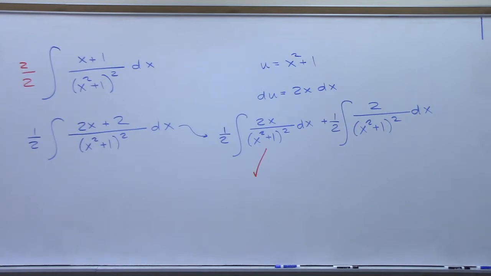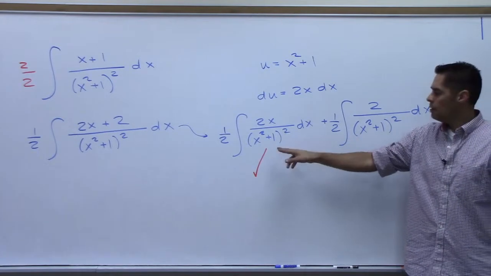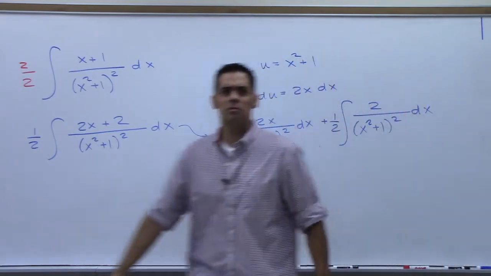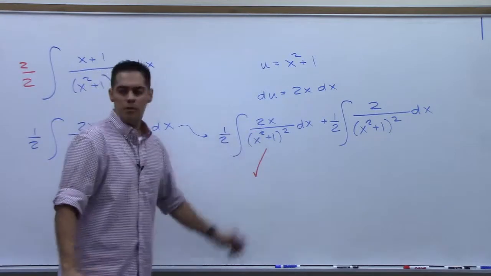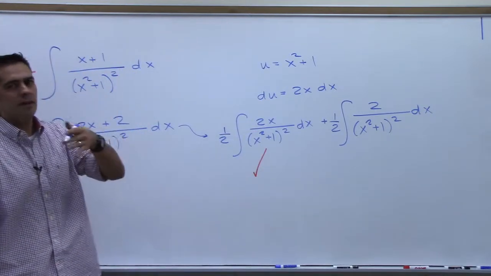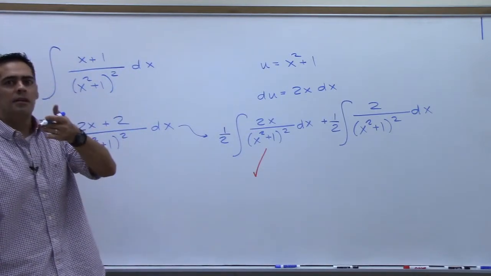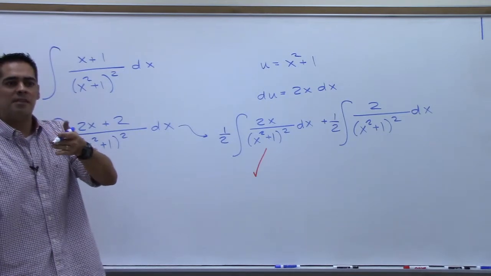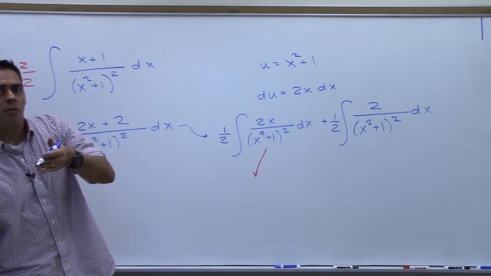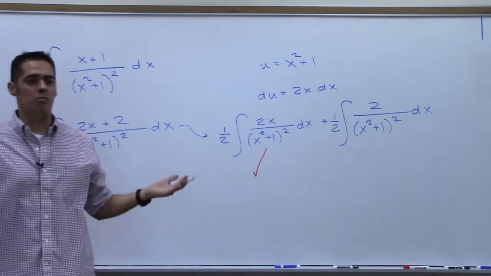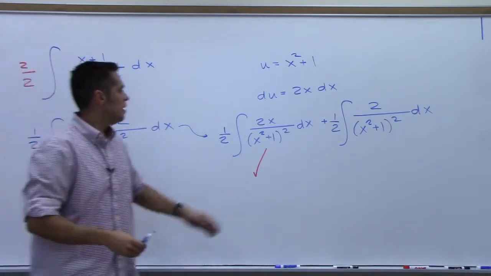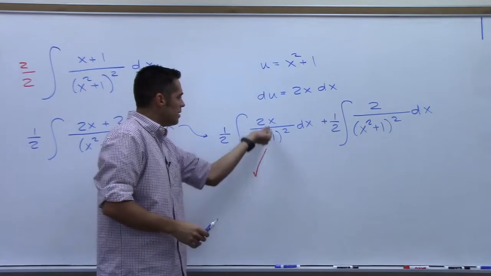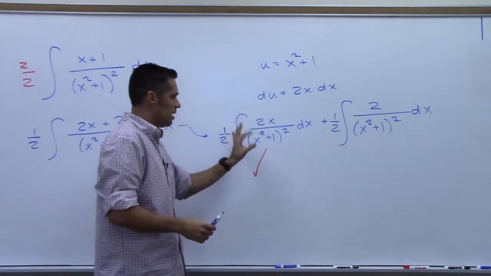It's 1 over u squared. Yes, but our u is different. Up here it was linear. But it's the same concept. What's in here is the u. If the derivative of it appears up top, then yes, it's the same exact thing. It's just our u is quadratic and the derivative is linear, so it works the same way.